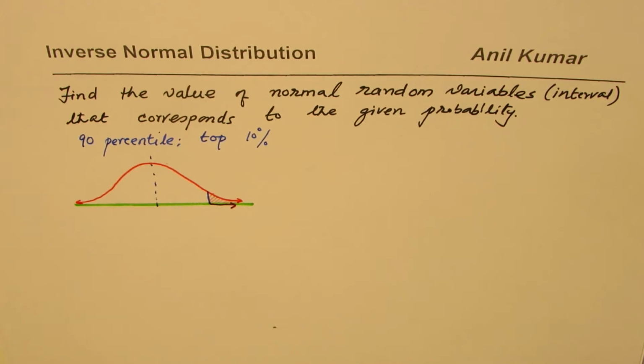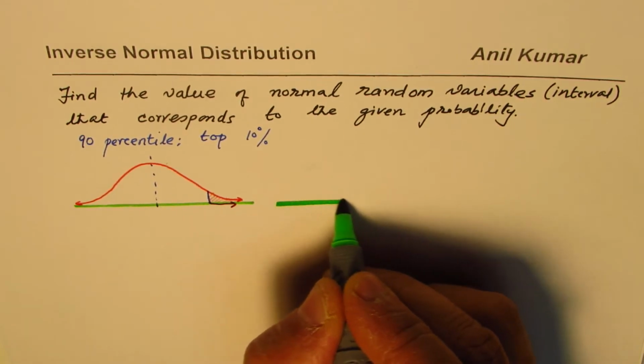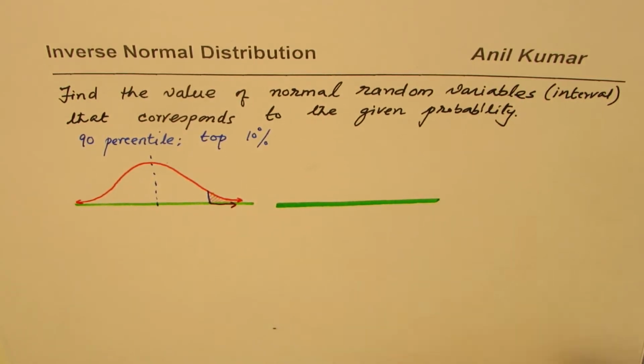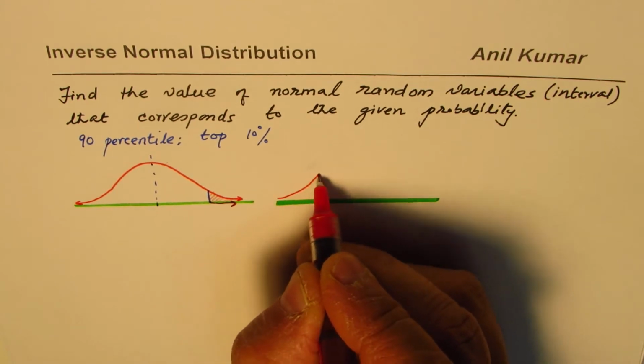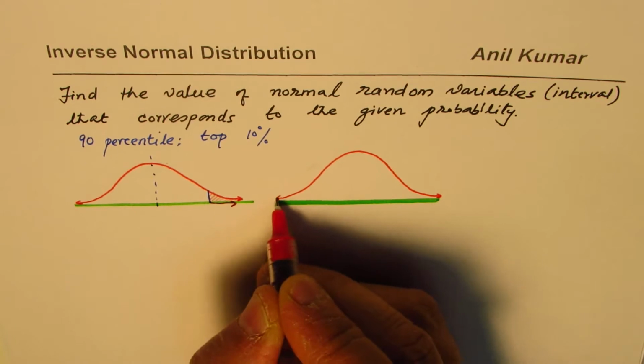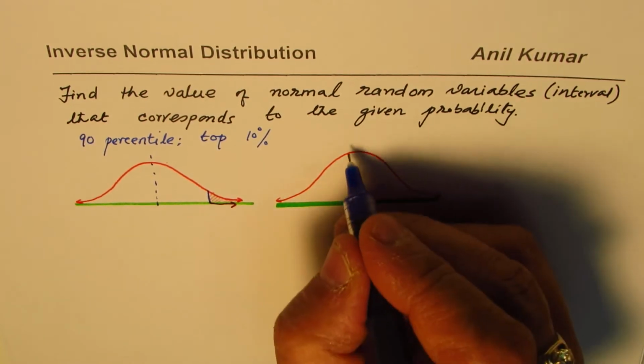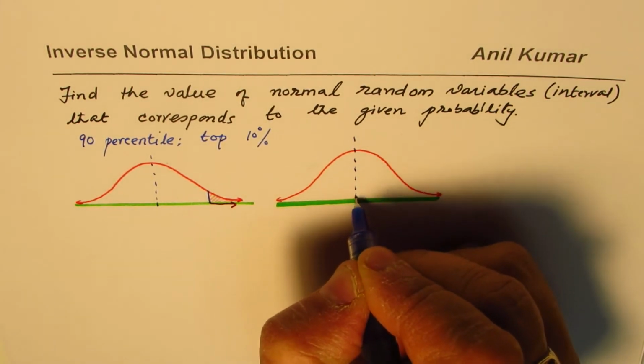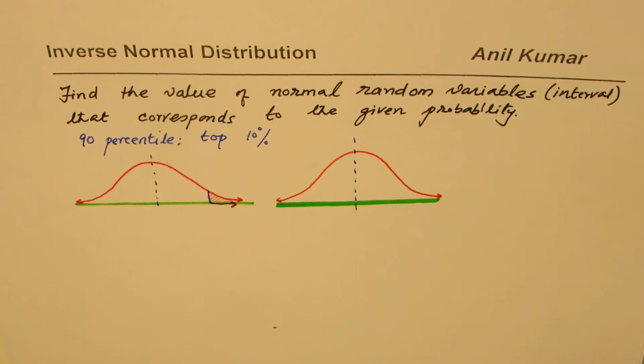Or in many situations we know that the distribution is kind of like this, and let's say from the center we want to accept a lot of production.